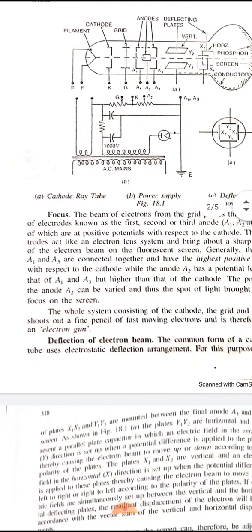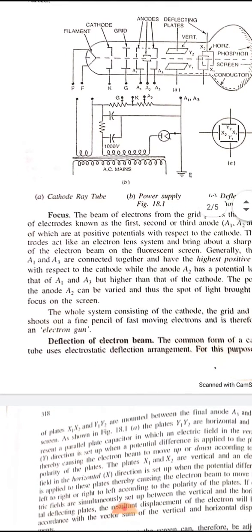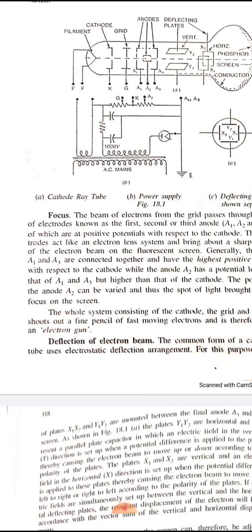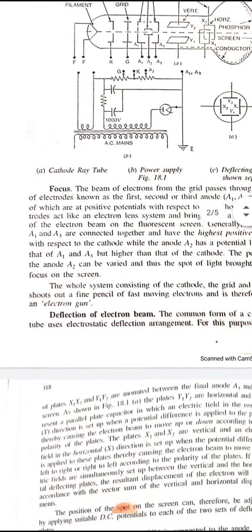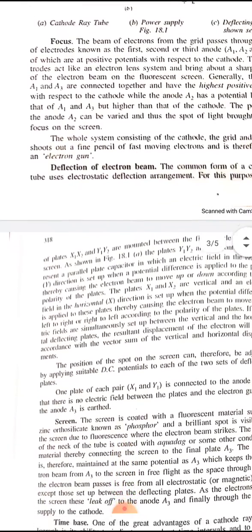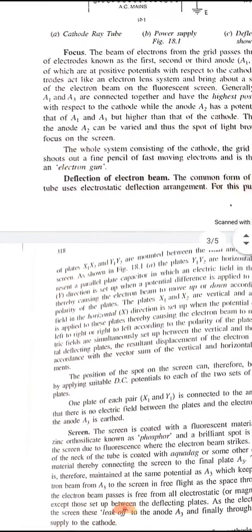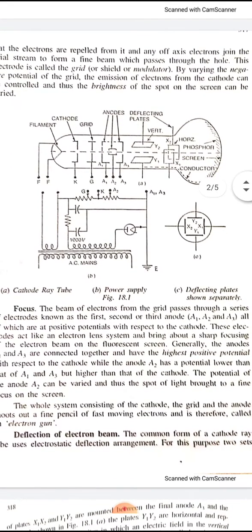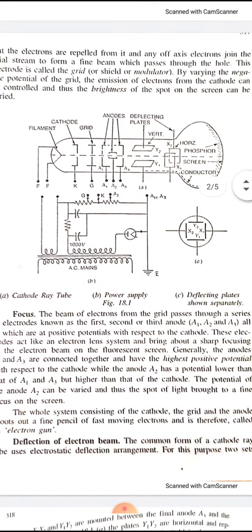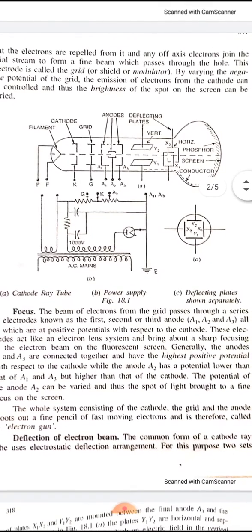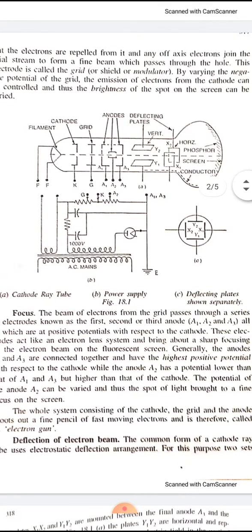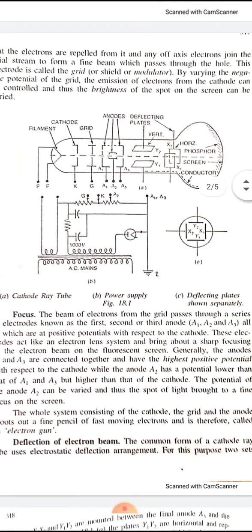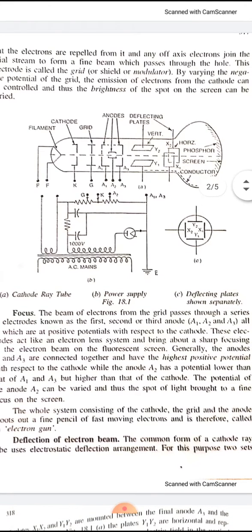The common form of cathode ray tubes usually uses an electrostatic deflection arrangement. For this purpose, two sets of plates X1, X2 and Y1, Y2 are mounted between the final anode A3 and the screen.